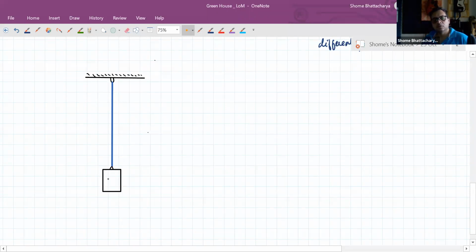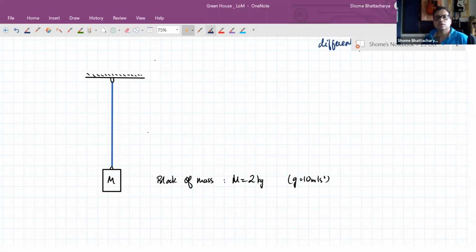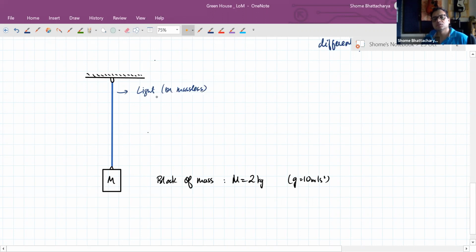So this is a block of mass, let's say capital M equal to 2 kilograms, and we will take g as 10 meters per second square. Now this is what we call a light or massless string or thread.